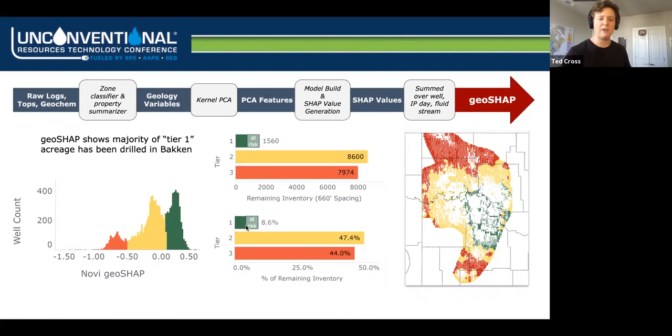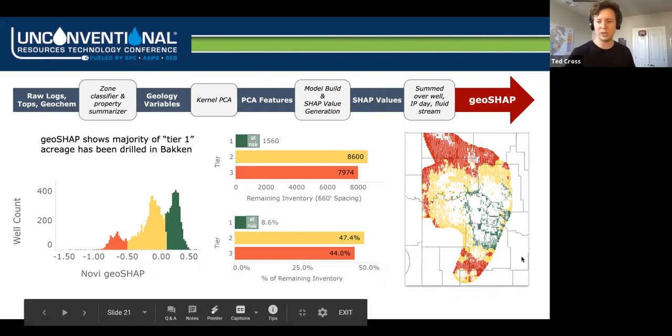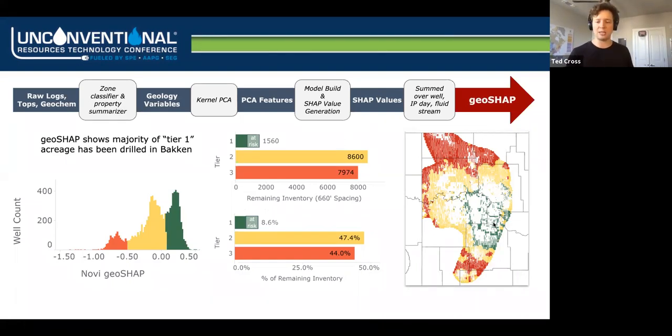And of that stuff that is in tier 1 acreage, I did a cursory look around Google Maps and everything. Just from my own experience, I know that a lot of this stuff that hasn't been drilled is because it's under a gigantic lake, or in extremely rugged terrain, or a national forest or a national park.